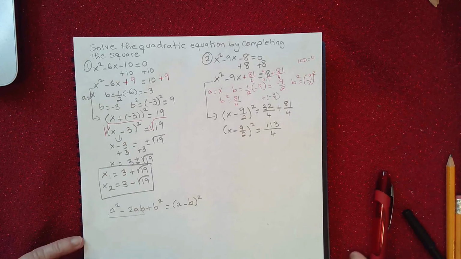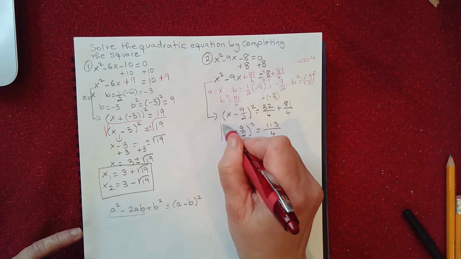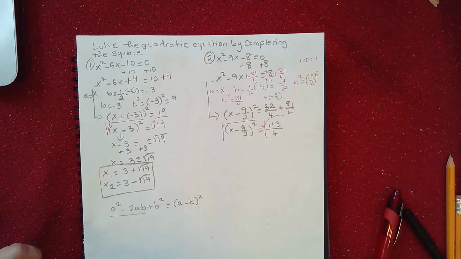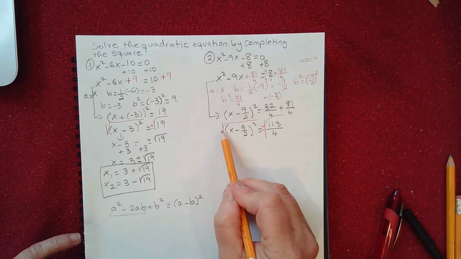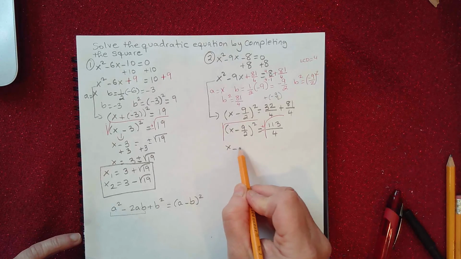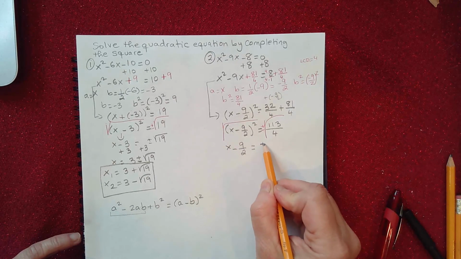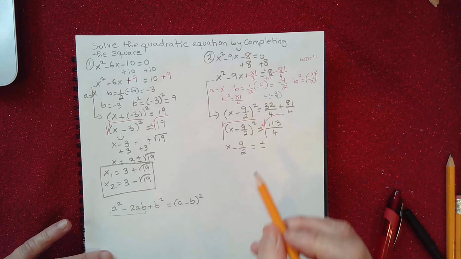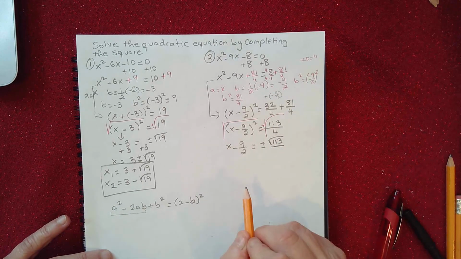Now, solving using the square root property, you take the square root on both sides, plus or minus, and because the square root cancels the square, you get x minus 9 over 2 equals plus or minus. You notice the numerator does not simplify, so you leave the numerator as the square root of 113, but the denominator does.